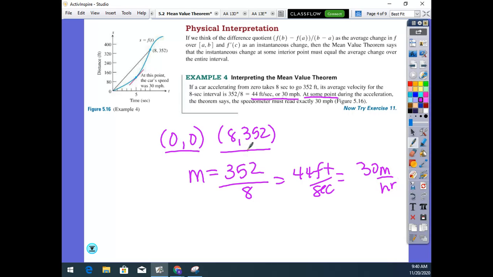Because we accelerated like this, at some point, the speedometer has to have read 30 miles per hour. They actually use this when doing your speed traps, using the cameras and calculating what the acceleration would have to be.